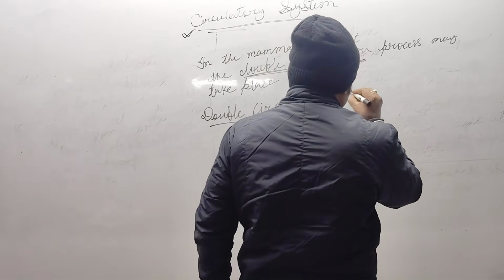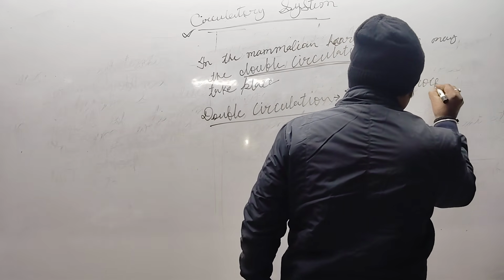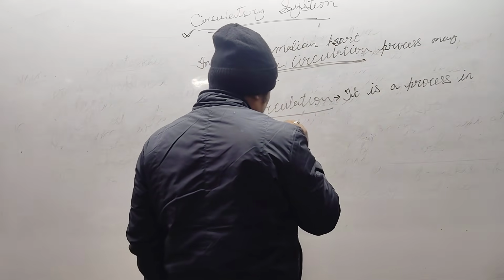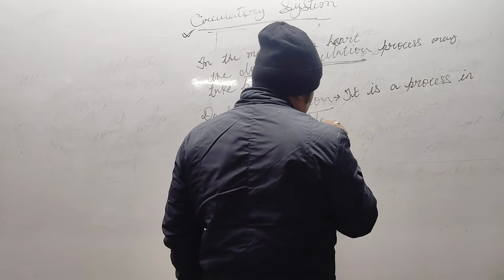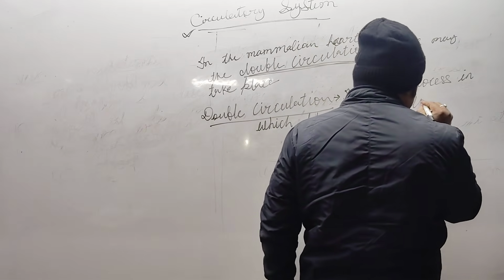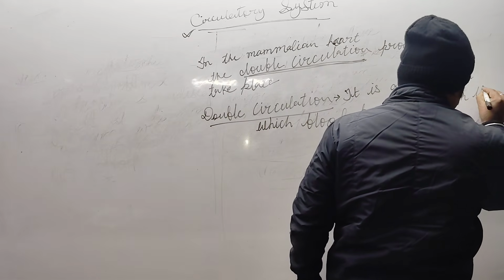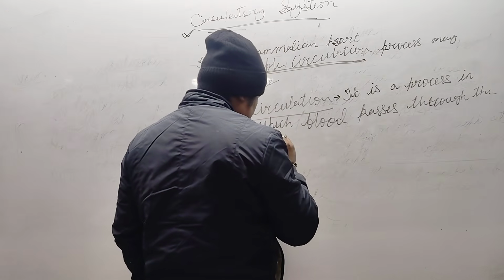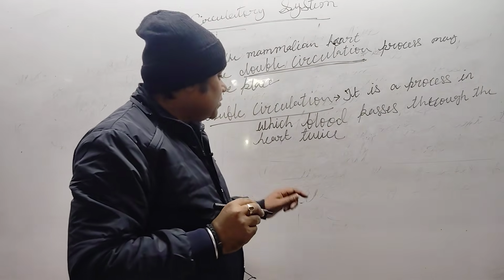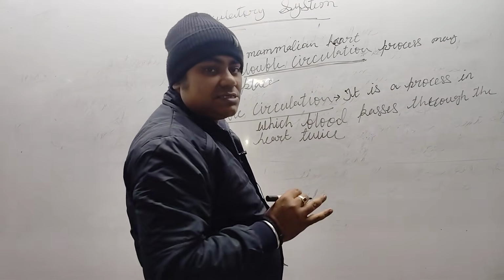So here again I am writing, it is a process in which blood passes through the heart twice, मतलब ब्लड जो है हार्ट के थ्रू 2 बार पास करता है या सर्कुलेट करता है. That is what the double circulation is.